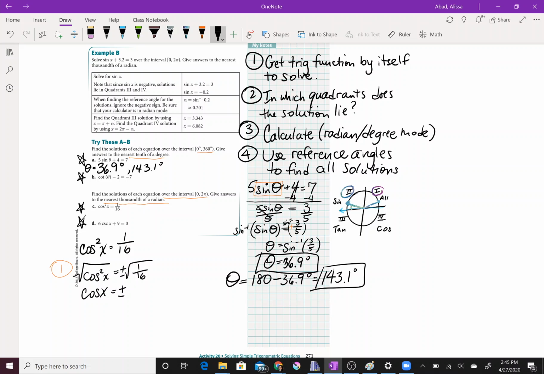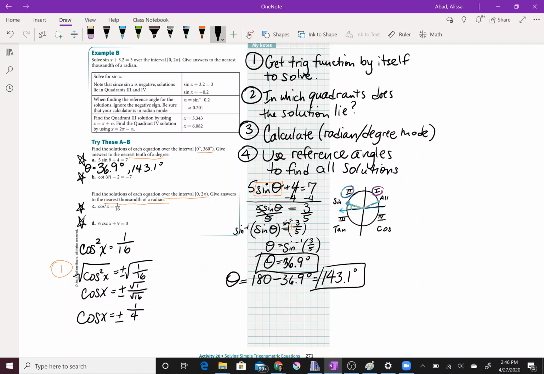Since it's a square root of a fraction, it's the same thing as the square root of the numerator over the square root of the denominator. So I have positive, negative, square root of 1 is 1, and the square root of 16 is 4. So I'm left with cosine is positive and negative 1 over 4. So that's step 1. We got our trig function by itself.